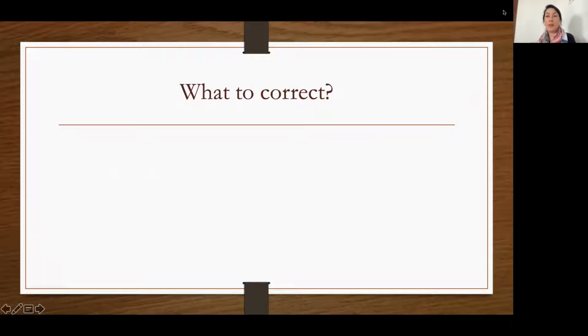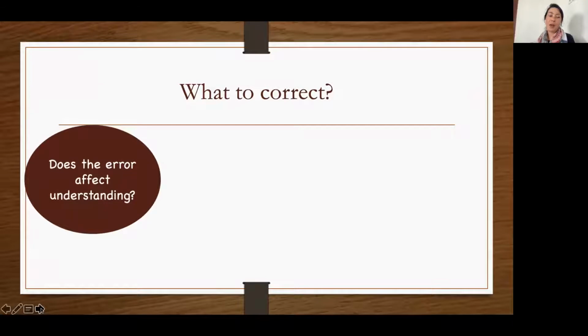So we might be thinking, what kinds of errors should we correct? What should we be focusing on if we're only going to focus on two or three? There are some things to consider. One is if the error affects understanding. Pretty much whenever I look at a paper or essay, if I just don't understand what it is, I underline it, because maybe it's a really good idea, but I don't understand it.